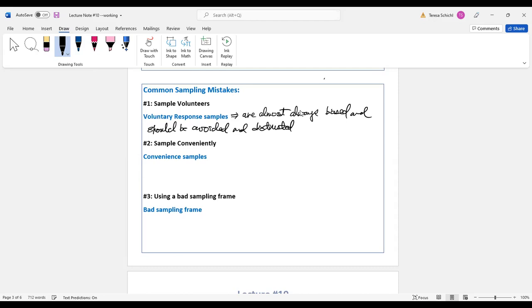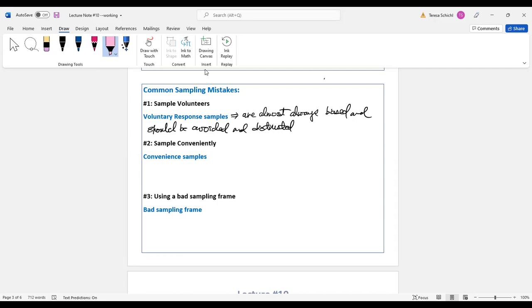Think about it. If somebody volunteers for a survey, it's very possible this person has a passion about, or a very strong opinion about, whatever you are trying to survey. So a voluntary response sample is almost always biased.